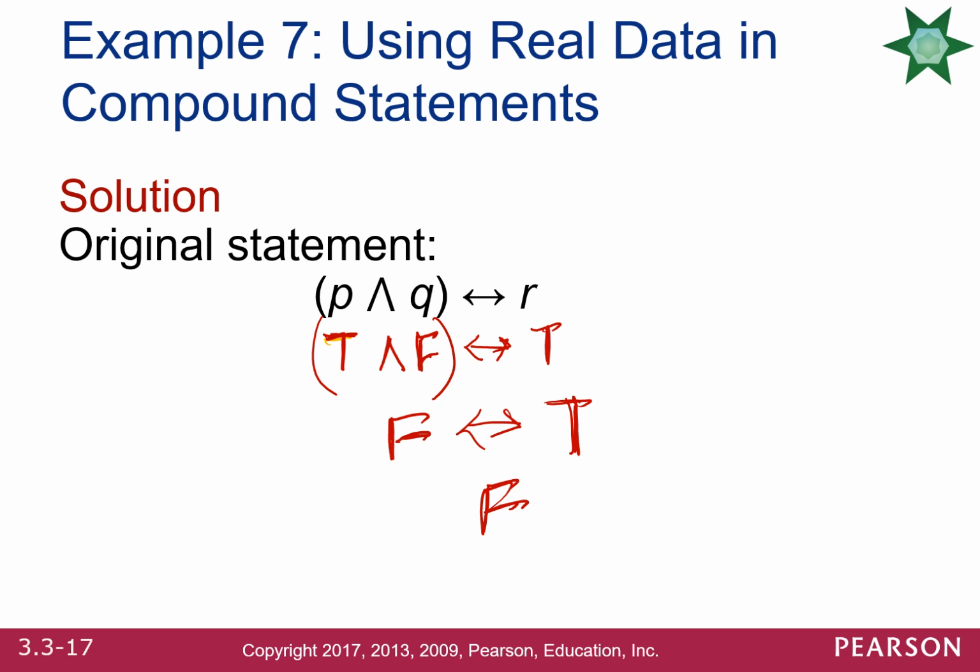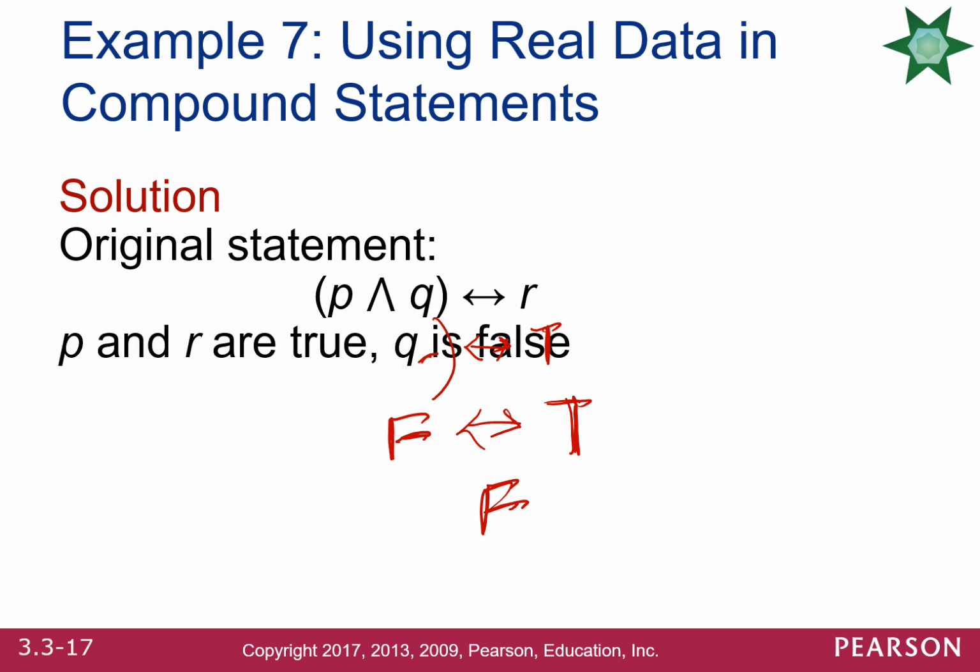So let's see what they come up with, but I will probably have to erase my writing so that we can see what is coming up next. All right, so let me remove my writing here. So P and R are true, Q is false.